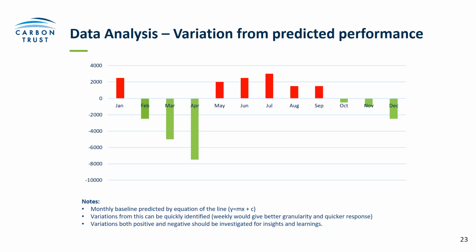If you're using more than what the model predicts, then obviously you're going to want to highlight that and investigate it. But similarly, where you're using less than has been predicted, then it's equally important to investigate the causes of that and see if there are any learnings that can be taken forward.